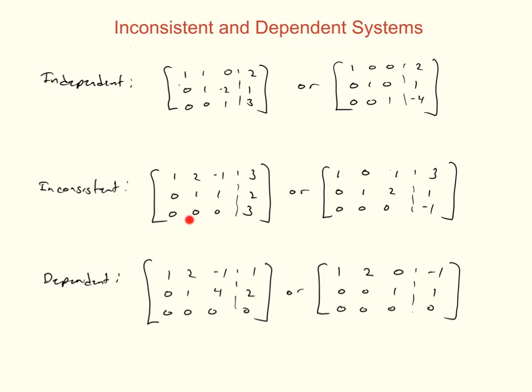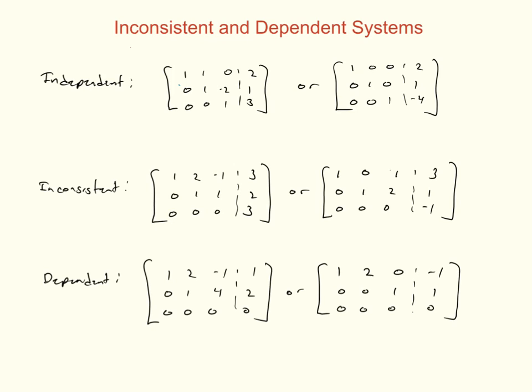So I'd have 0x plus 0y plus 0z equals 3. That's impossible. There's no way that I can have 0 equal to 3, or over here 0 equal to -1. This is in reduced row echelon form. So both of these situations aren't possible. That would be systems that were inconsistent.